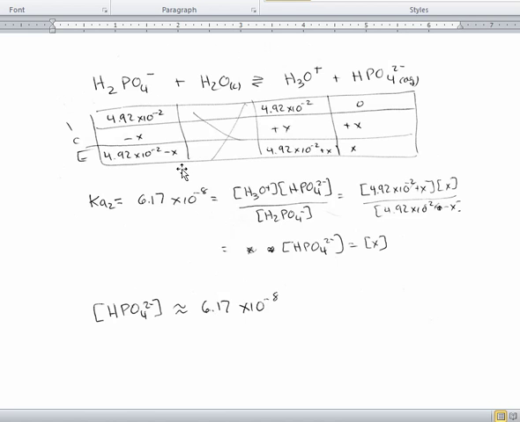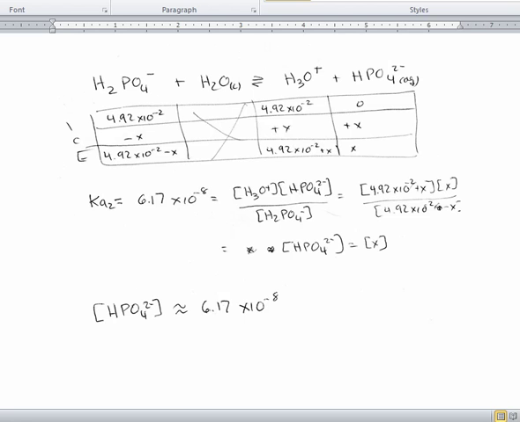Now, x here definitely is going to fall under the 5% rule, so I can eliminate it in my addition and subtraction. And what happens is my concentration of hydronium and dihydrogen phosphate are the same, so my concentration of hydrogen phosphate ends up being the same as my Ka. So the concentration of hydrogen phosphate is equal to 6.17 times 10 to the minus 8.